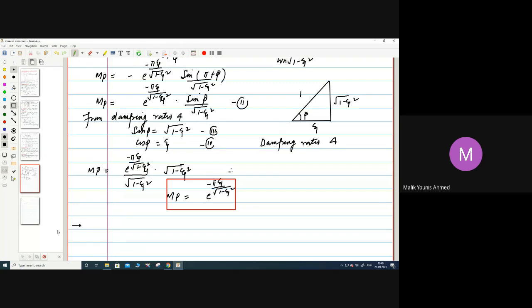So what we are looking at here is that the maximum overshoot will be a function of the damping ratio.